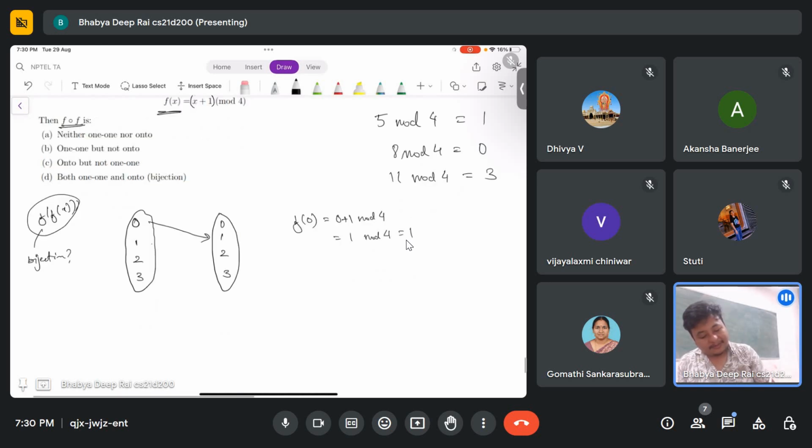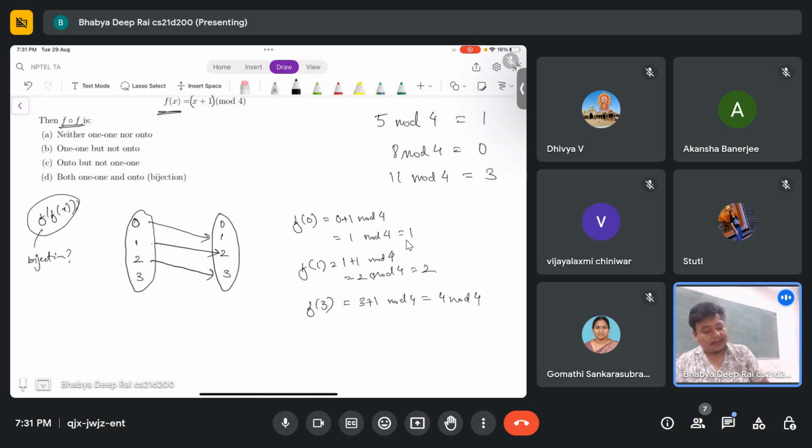Now f of 1 equals 1 plus 1 mod 4, which is 2 mod 4, which is 2. Similarly, 2 plus 1 mod 4 is 3 mod 4, which is equal to 3. Now f of 3 is equal to 3 plus 1 mod 4, which is equal to 4 mod 4, which is equal to 0, because on dividing 4 by 4, I get a 0.